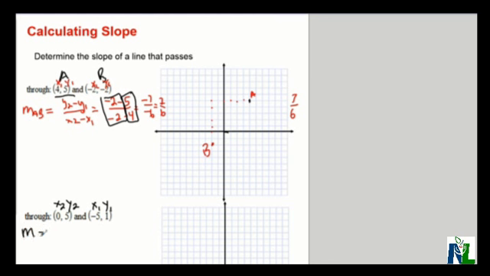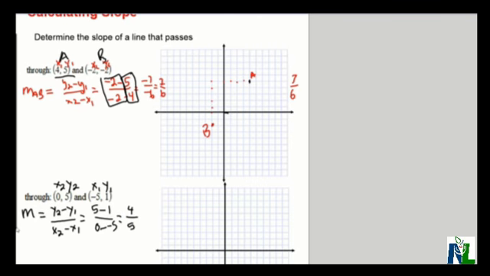So we could say the slope equals y2 subtract y1, which is the change in the y coordinate, x2 subtract x1, which we equal to 5 subtract 1 over 0 subtract -5, which is going to be 4 over 5.